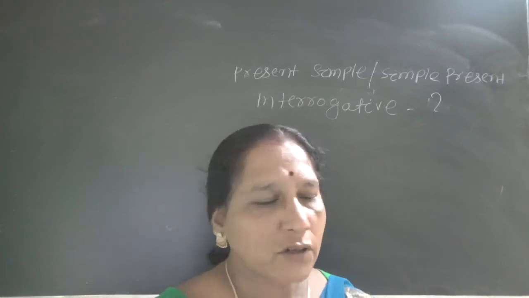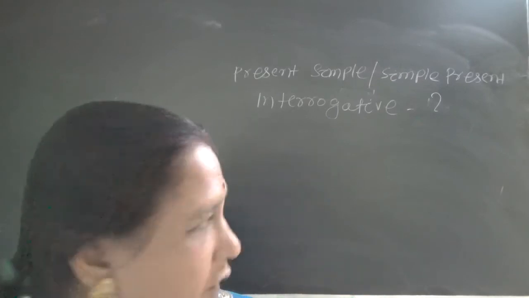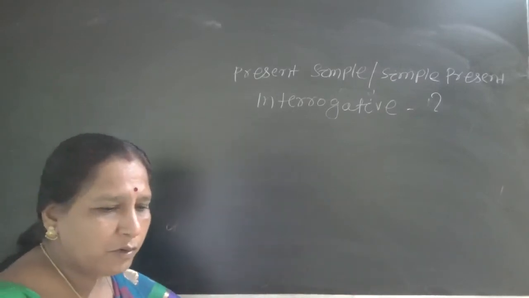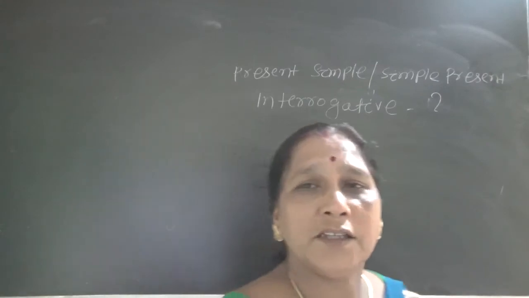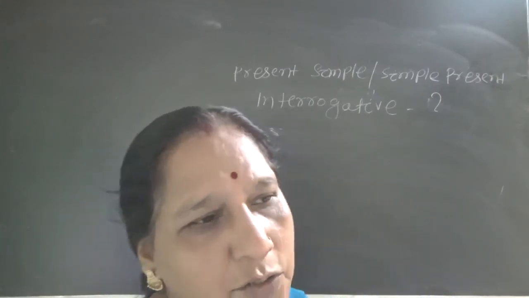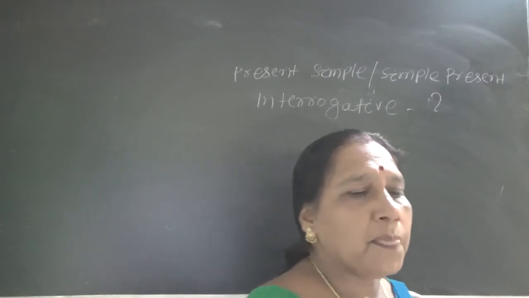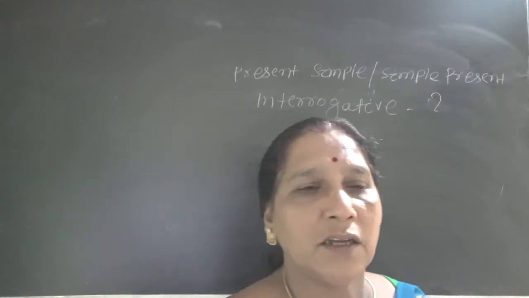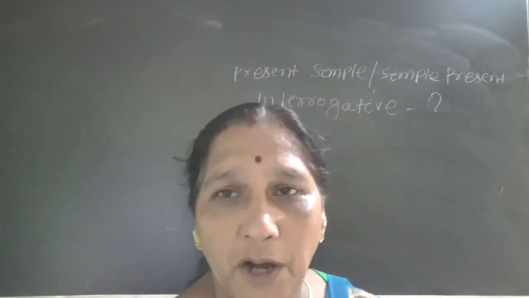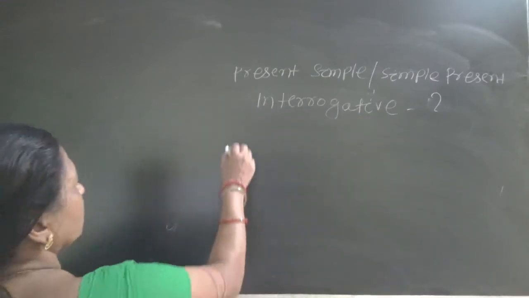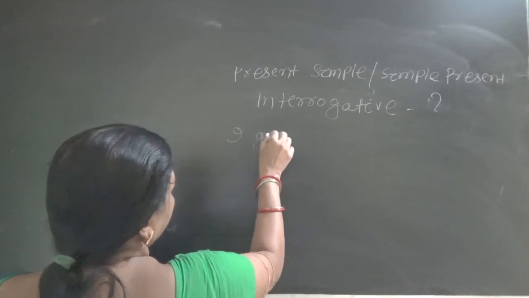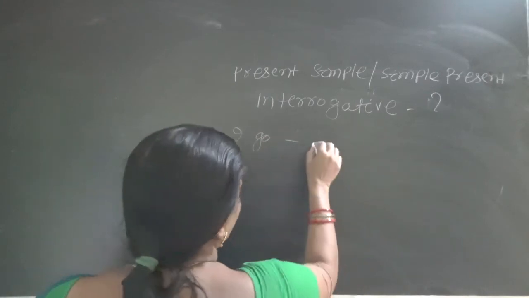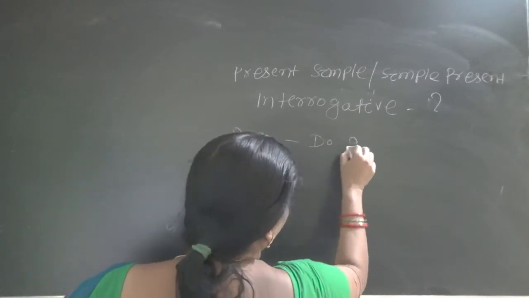How can we turn it into interrogative? The auxiliary verb we take is do or does. That do or does we can take to the front of the sentence. So, I go, auxiliary verb, do I go.